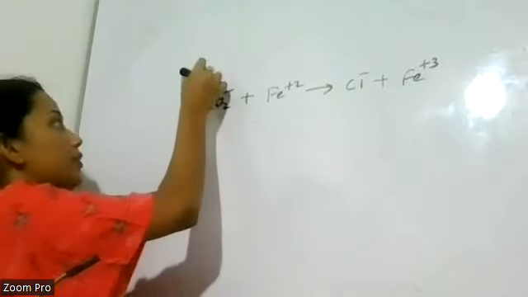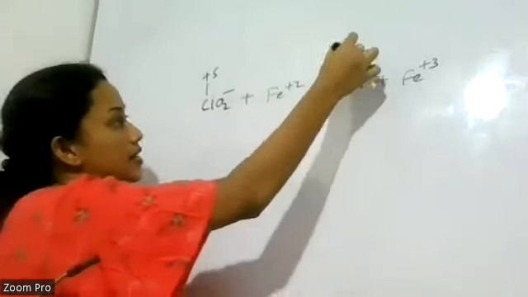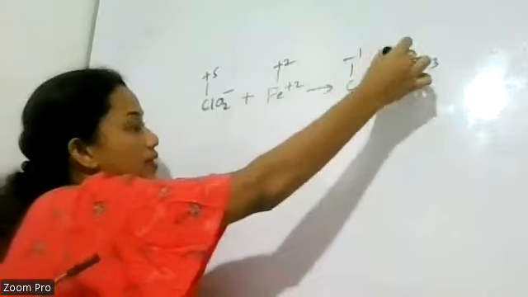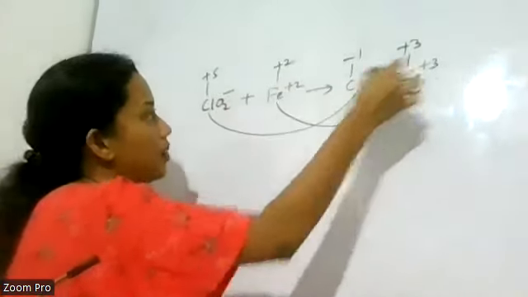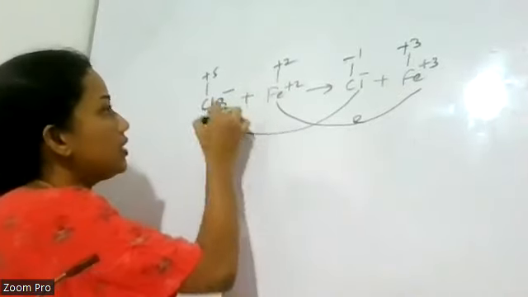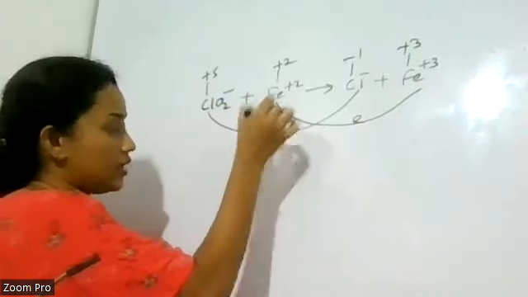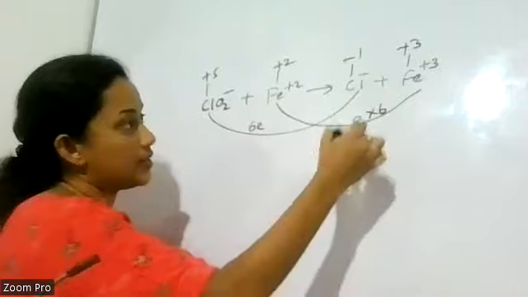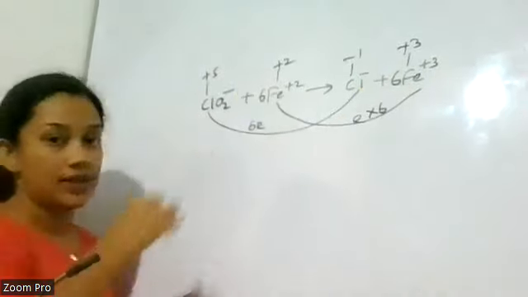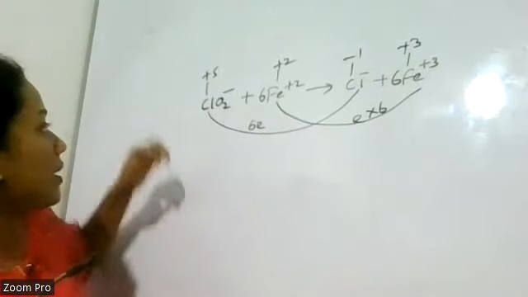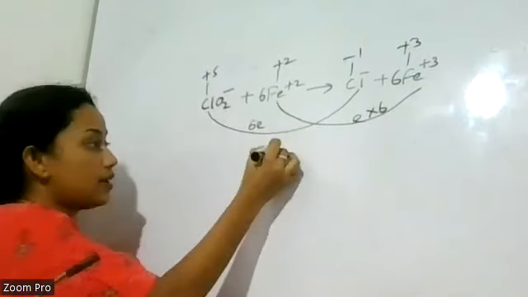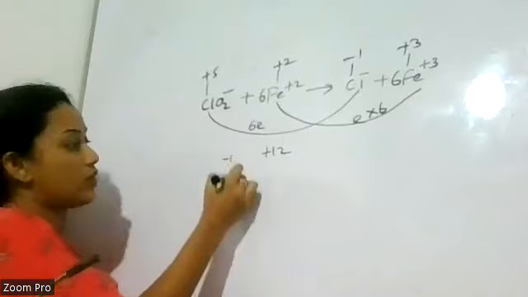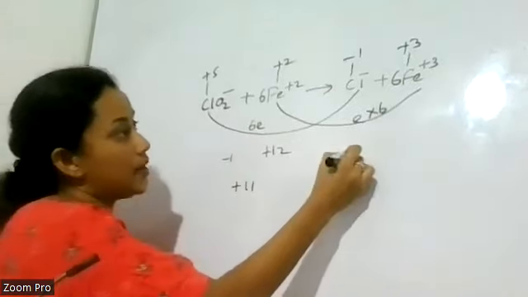It should be plus 5. Here minus 1, here plus 2, here plus 3. Then how many electrons? 1 electron. Here 6 electrons. Therefore, it should be multiplied by 6. Then we have to balance charges. Minus 1, 6 into 2 means plus 12. Here minus 1 means plus 11. Here minus 1.